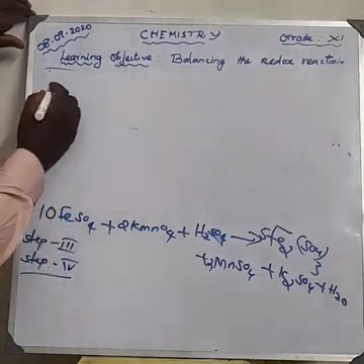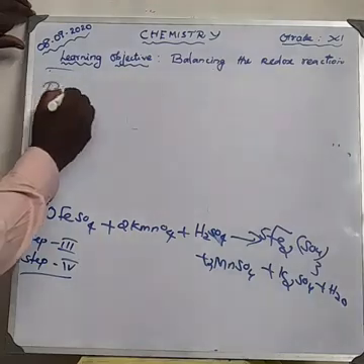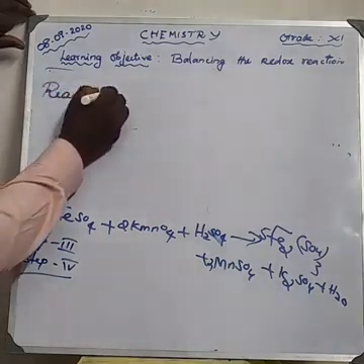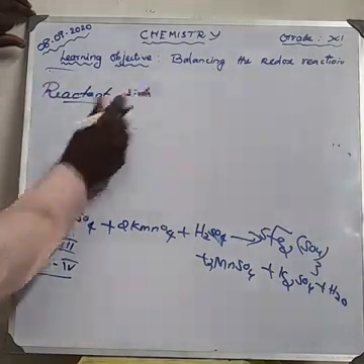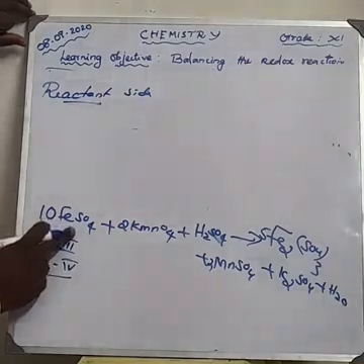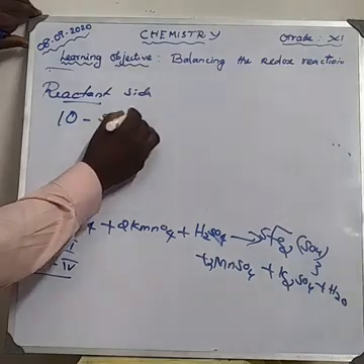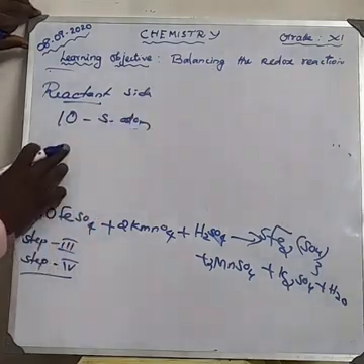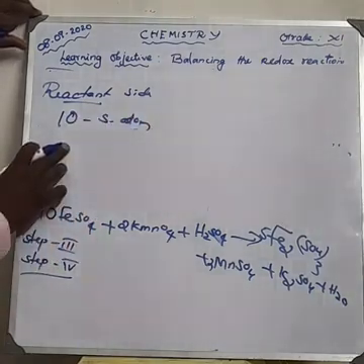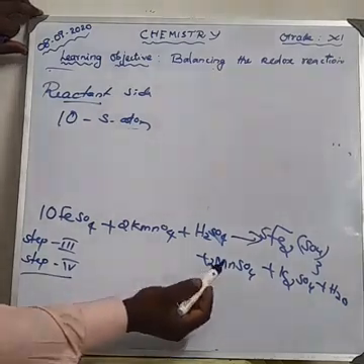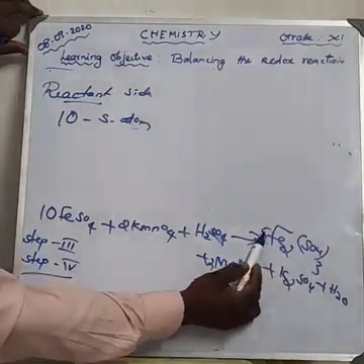Okay. The reactant side, how much sulfur atom is there? 10 sulfur atoms. Here, the product side, find out the sulfur. 5 3s are 15.